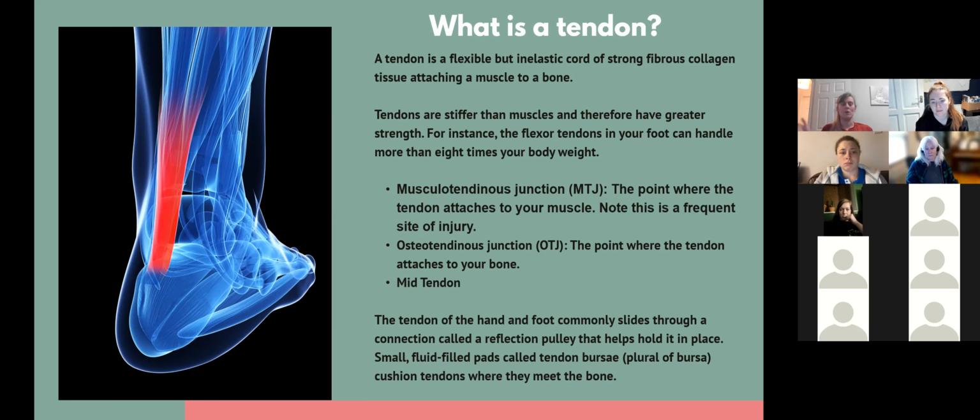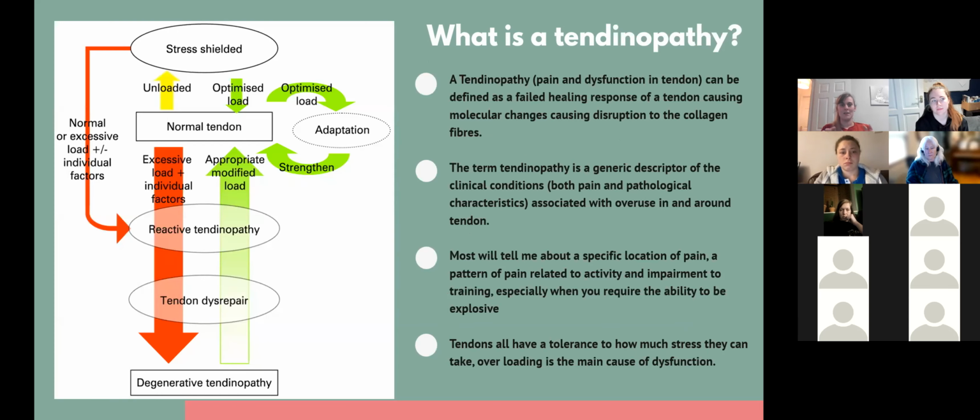Okay, so first of all, a tendon attaches muscle to bone. Simple. So this gets a bit sciencey, and if people are really interested in science, I can send these papers over. A tendinopathy is when there's any kind of pain or dysfunction. A tendon can handle so much. Every tendon in your body has a capacity. If you can see me, I talk with my hands a lot with this bit.